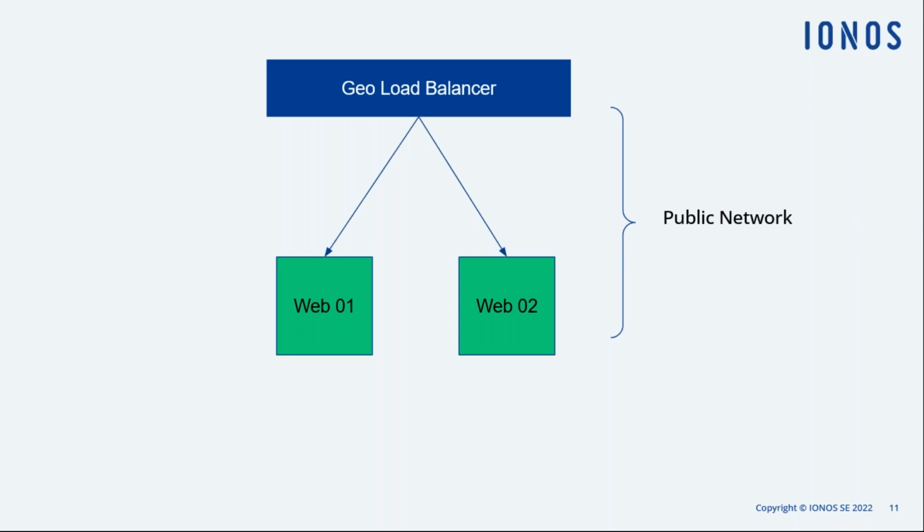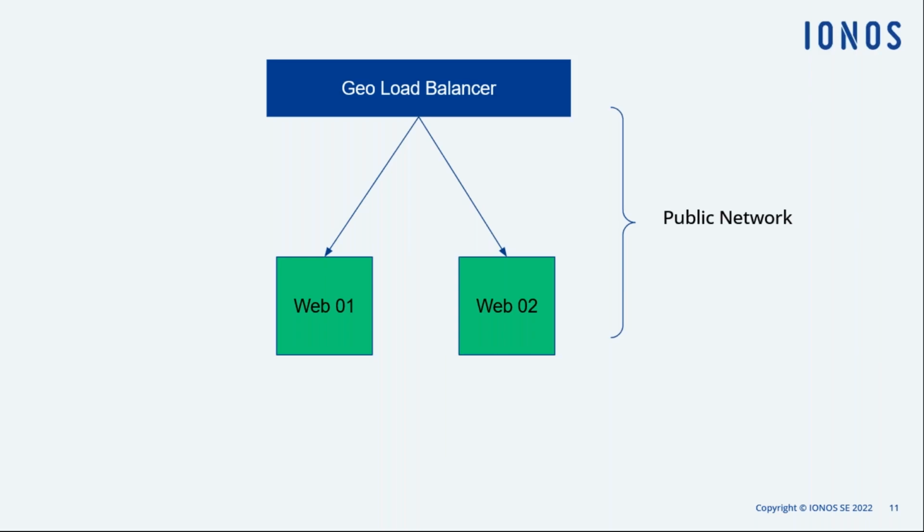They both have a public IP address, and we try to load balance those two using a geo load balancer. Now, there are a few of our partners that provide this kind of service, and this was never meant to be a service for two infrastructures live.